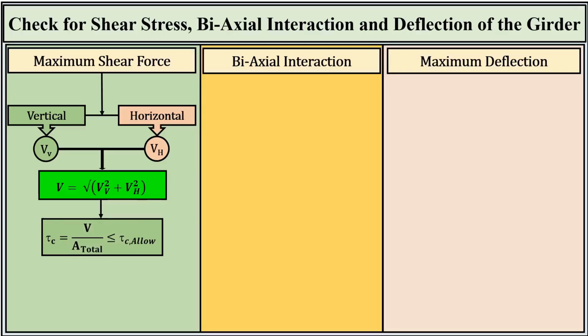It is critical that this value is less than or equal to the allowable shear stress, tau c allow. As shown in the bottom box, the allowable stress is determined by the yield strength of the steel, Fy, divided by the square root of 3 times partial safety factor gamma g.